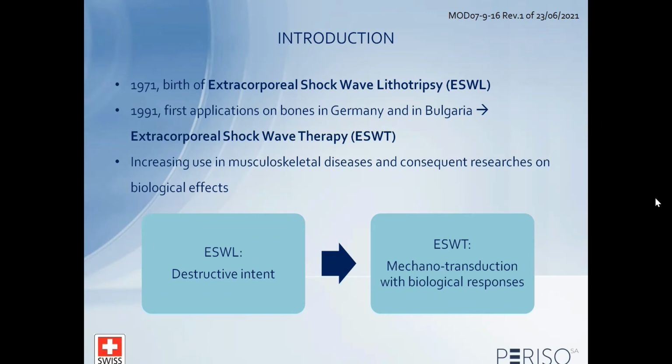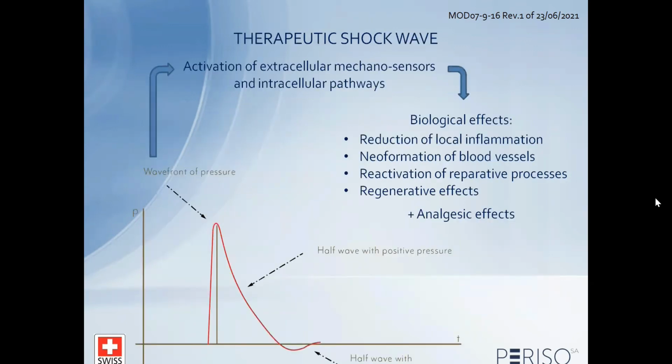And since that moment, there was an increasing use of shockwaves in musculoskeletal diseases and consequent research on its biological effects. So we can see a change from extracorporeal shockwave lithotripsy, which has a destructive intent, to extracorporeal shockwave therapy, more general, that focuses on the mechanotransduction process that allows biological responses.